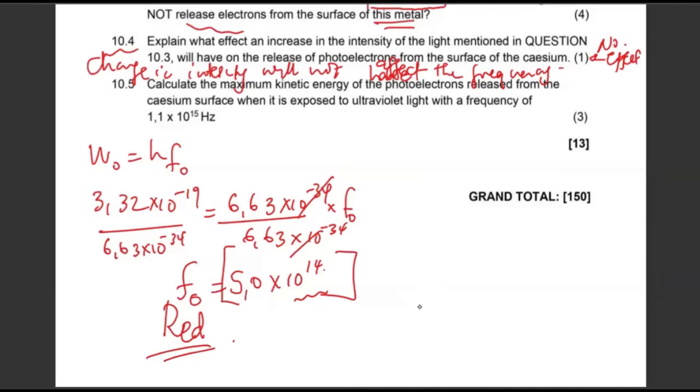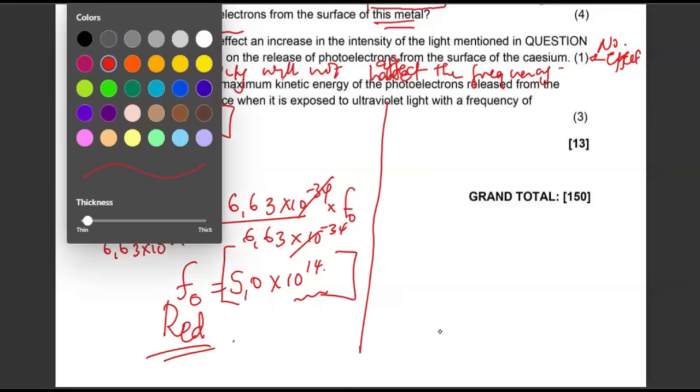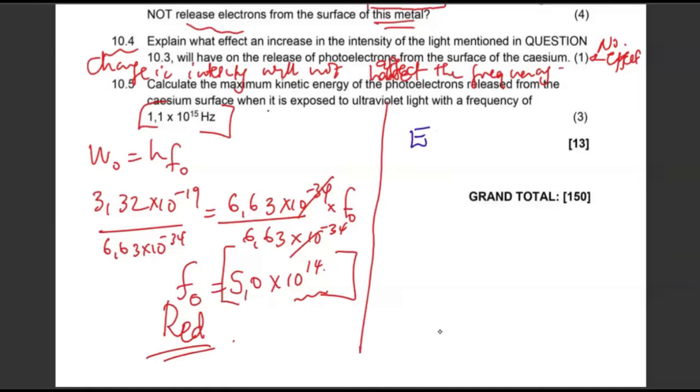Okay, then 10.5, calculate the maximum kinetic energy of the photoelectrons released from the surface when it is exposed to this frequency. Okay, so we need to use the formula for the energy. Okay, and then we know that E is equal to W naught plus EK max.